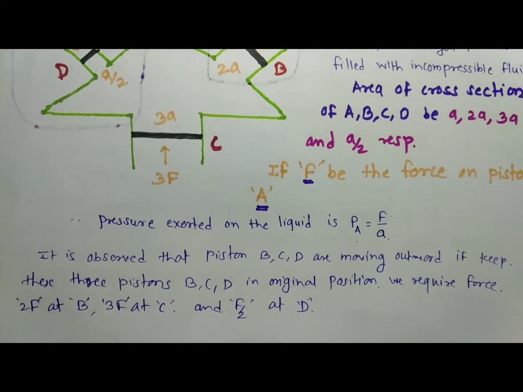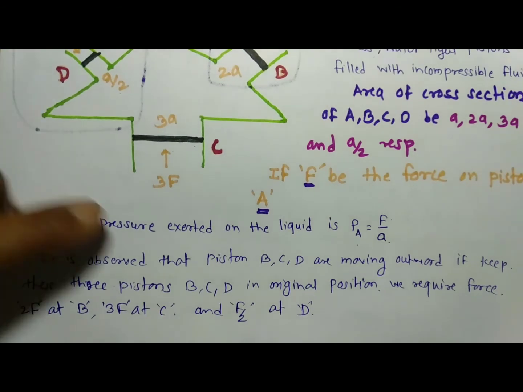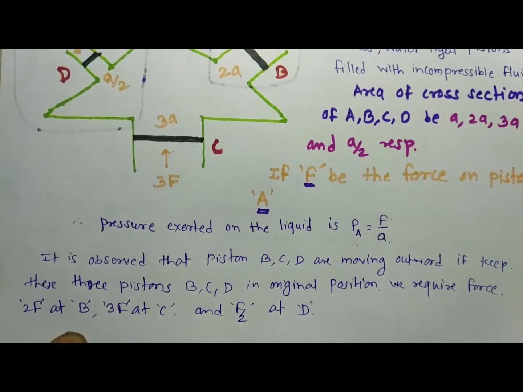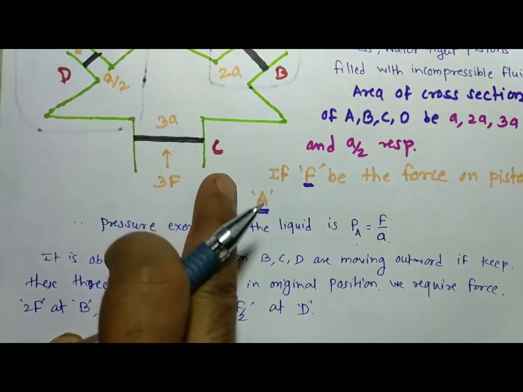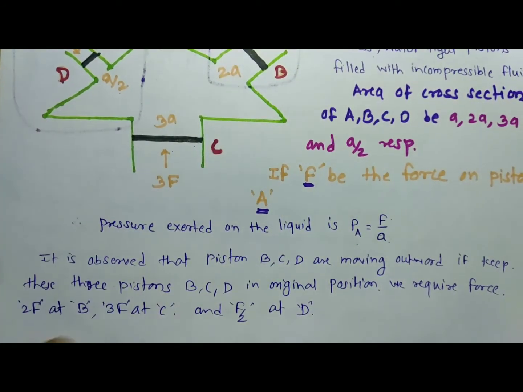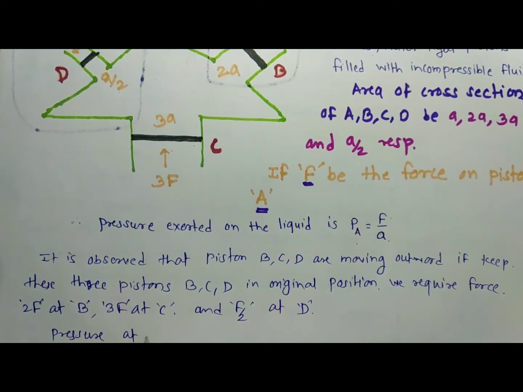And here those are the forces required at a particular point, particular arm A, B, C, D, and according to that, the pressure on B is PB.